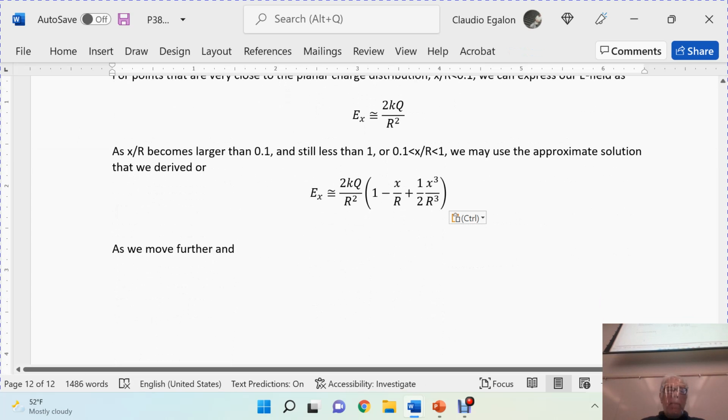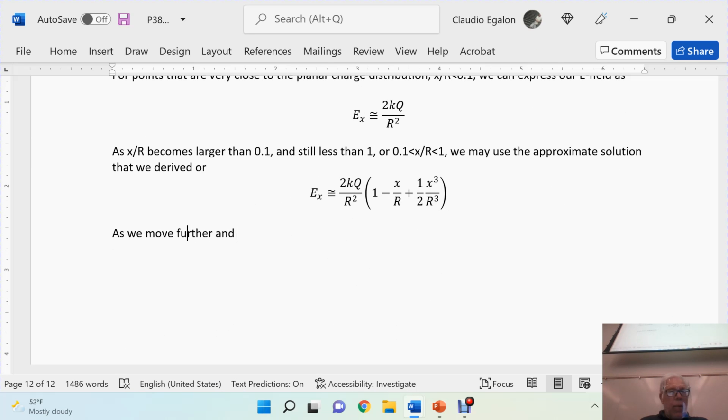Or as we move even further away, e.g. at x divided by r equal to 10, then the circular disk behaves like a point charge.